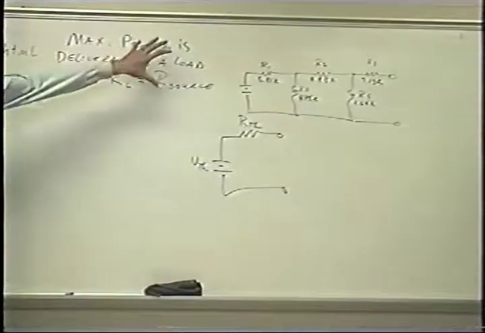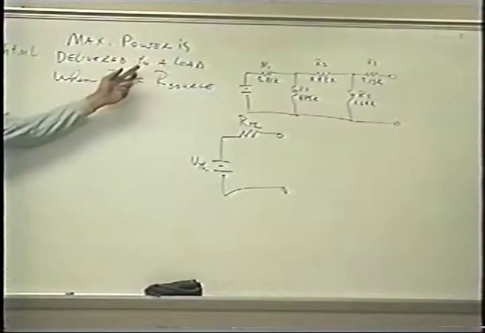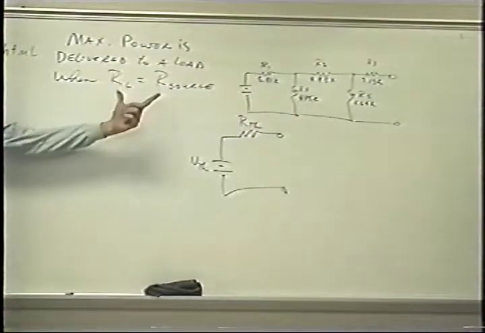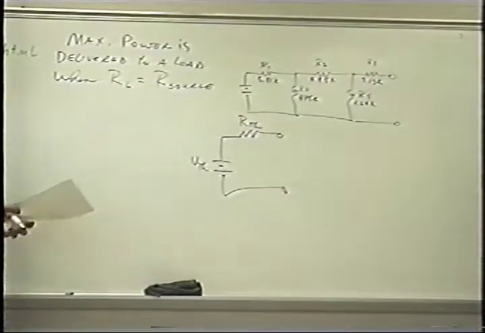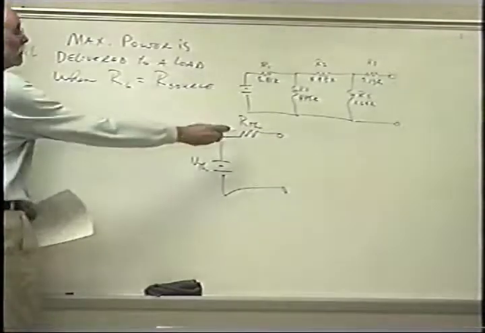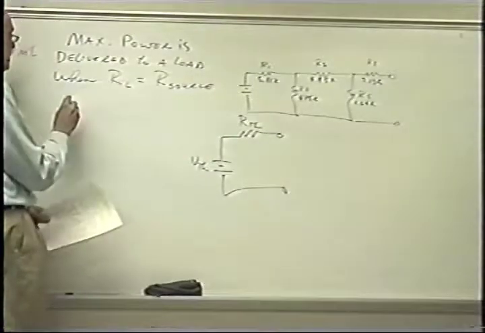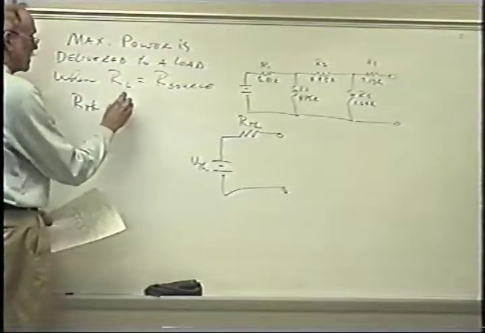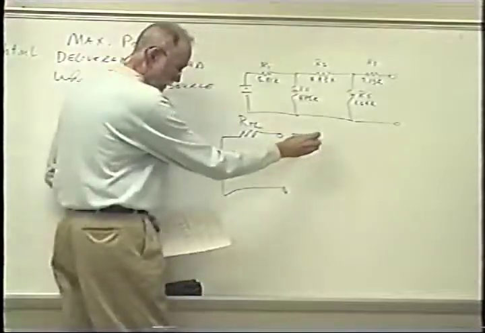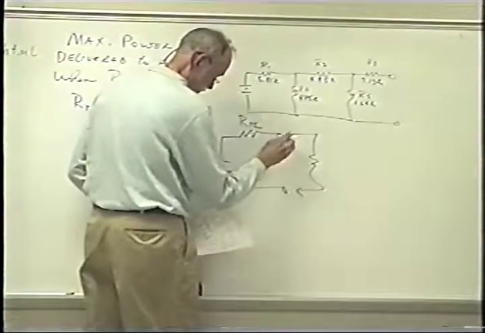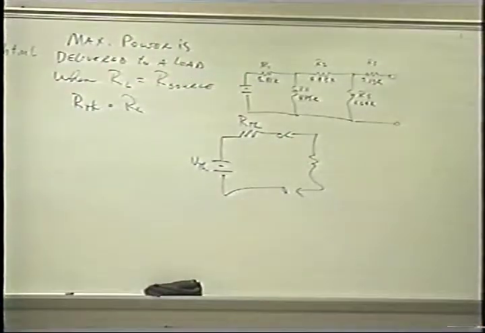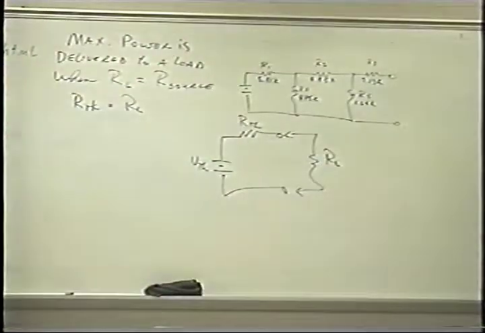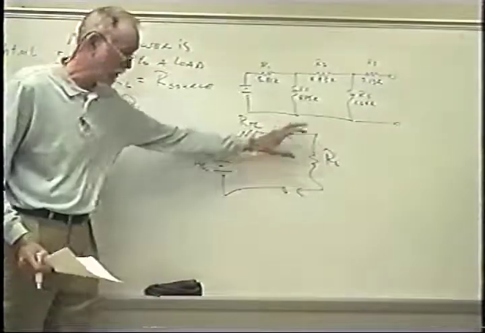Now, if we say maximum power is the power delivered to a load when RL equals R source, then the source resistance is equal to RTH. So when RTH equals the load resistance, whatever that is, when those two things are equal, that's when we will always be delivering maximum power to that load.